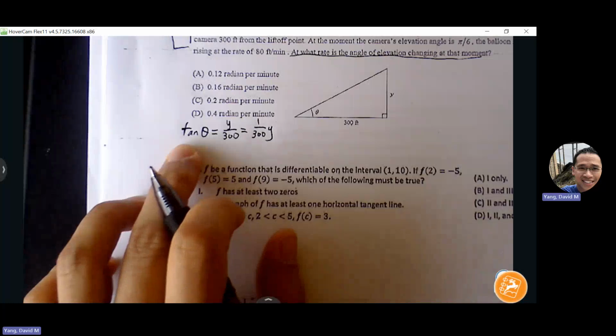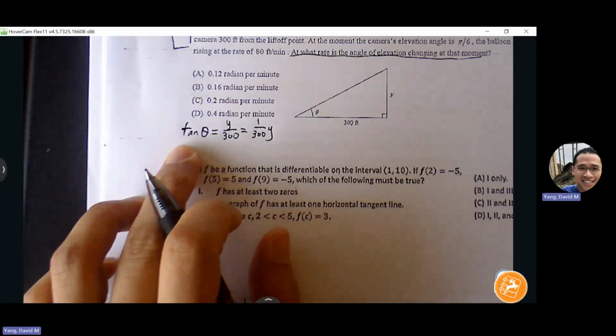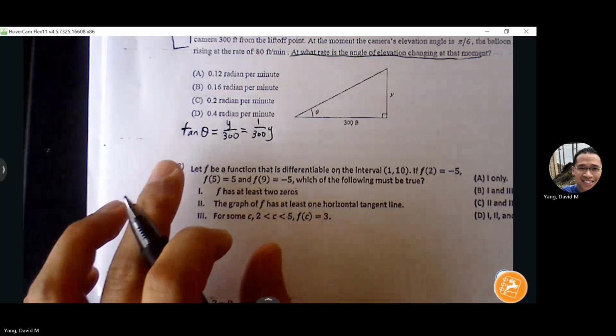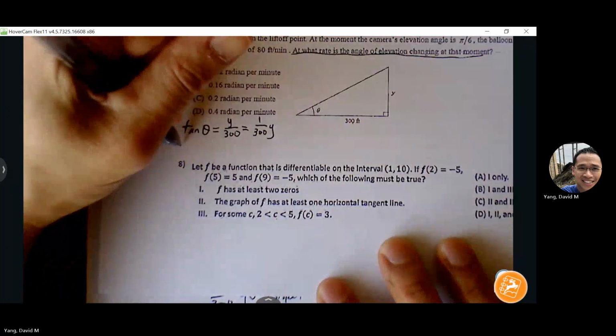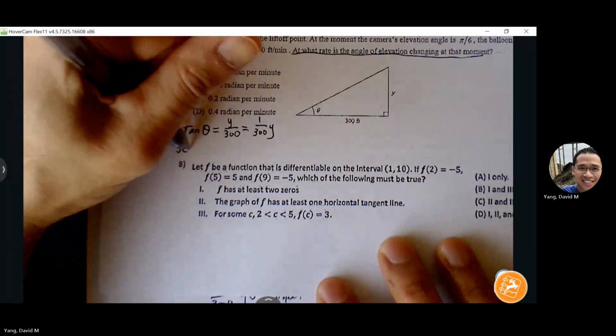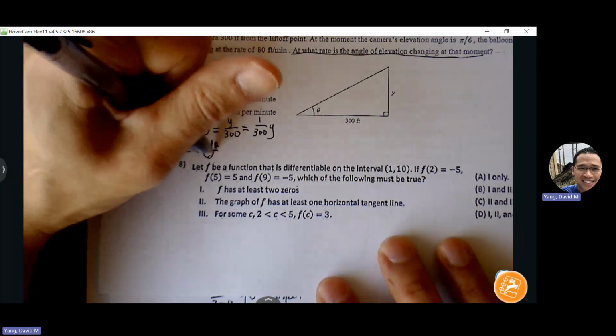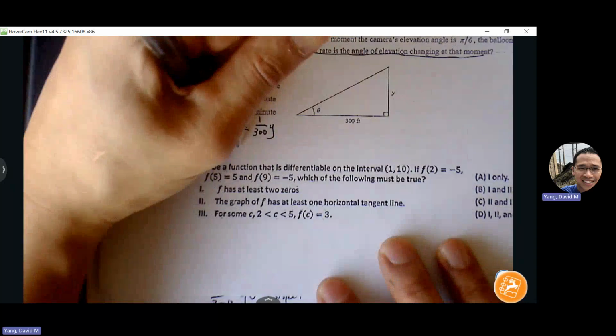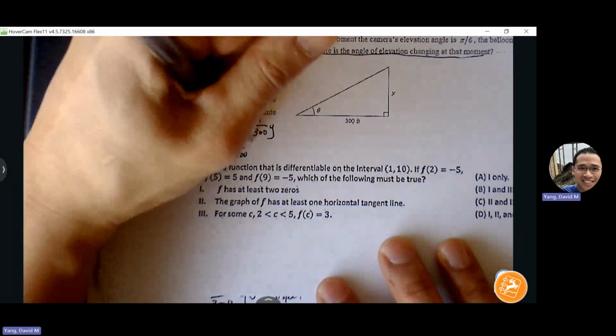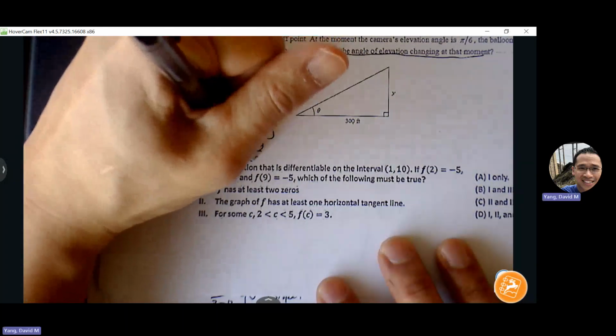So let's go ahead and find the derivatives here. Tangent theta's derivative is what? Secant squared, right? Secant squared theta, d theta dt is equal to 1 over 300 times dy dt.